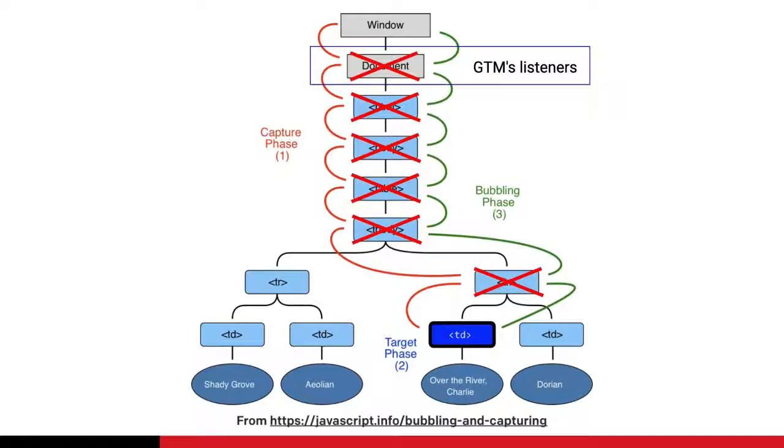And thus GTM's link click trigger listener or form submission listener will not be able to detect interactions on those cells that are below these items that were blocked by JavaScript. So this is one of the main reasons why you might be trying to use a just links trigger or a form submission trigger, and it just doesn't fire off when GTM is using its native event trackers.